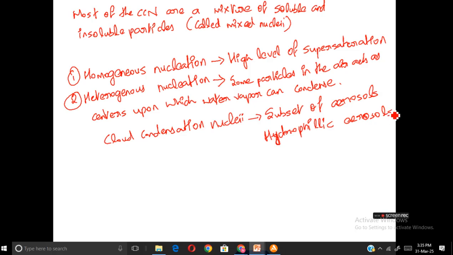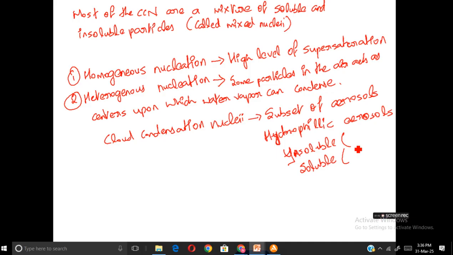In the hydrophilic aerosols also, there is insoluble and soluble as well. If the particles are soluble, then the condensation occurs more easily, whereas in case of insoluble particles, the size of the particle should be very large for condensation to occur.